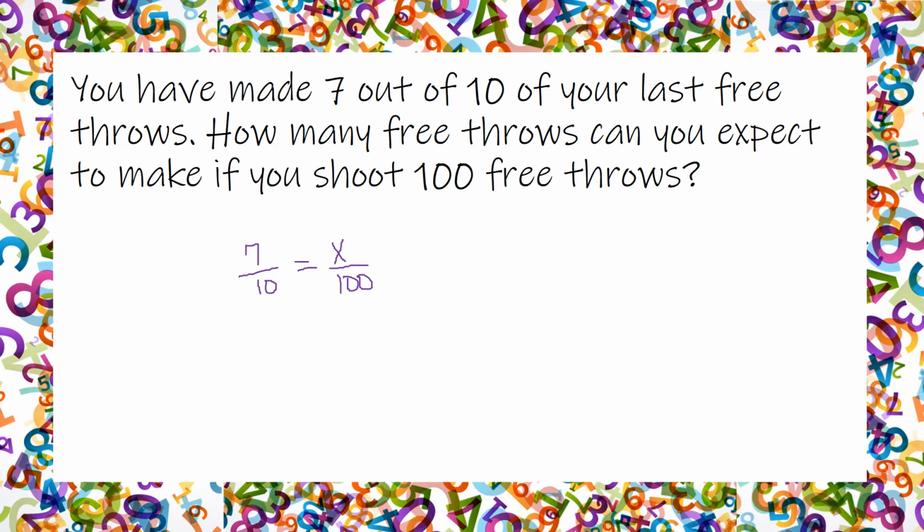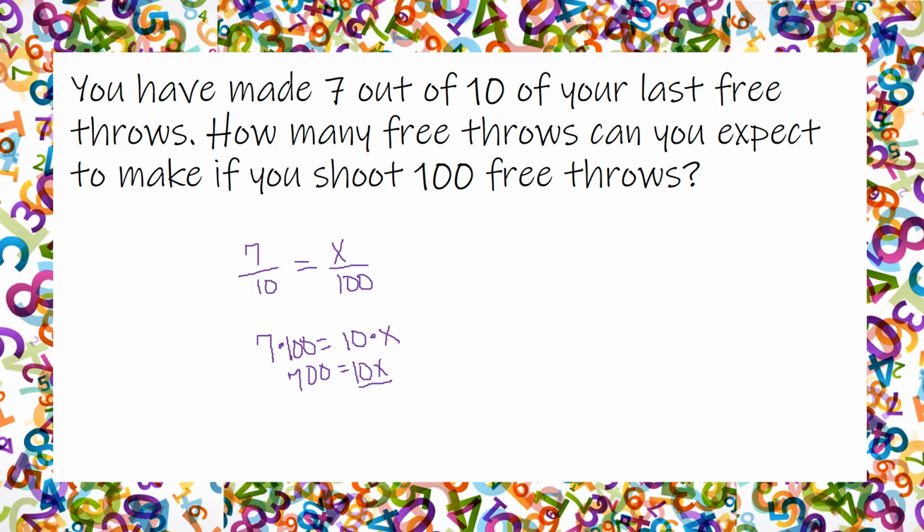So there's 2 ways to go about this. You could cross multiply 7 times 100 and then do 10 times x and simplify. 7 times 100 is 700. 10 times x is 10x. And then we need to get the x isolated.